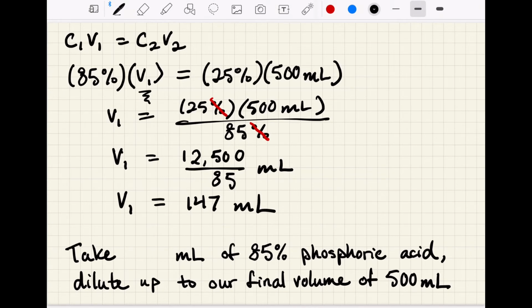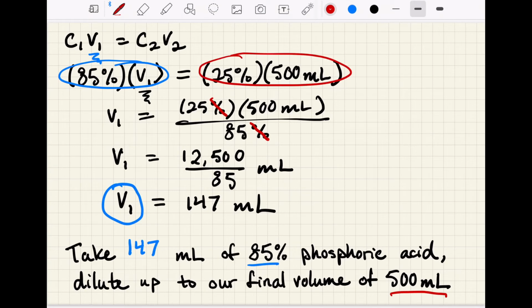So again, when we solve here for our V1, we're talking about our starting volume of our 85%. That is our starting conditions. So what that means is that we will take 147 milliliters of that 85% phosphoric acid, and we will dilute it up to a final volume of 500 milliliters of our 25% strength.